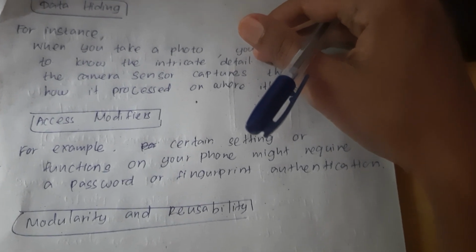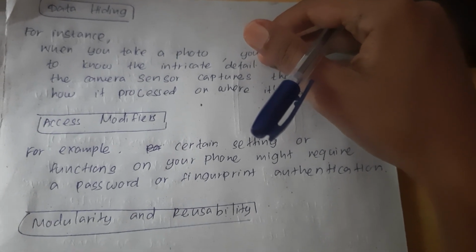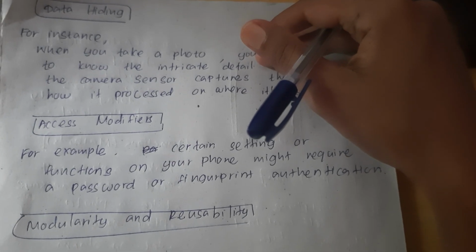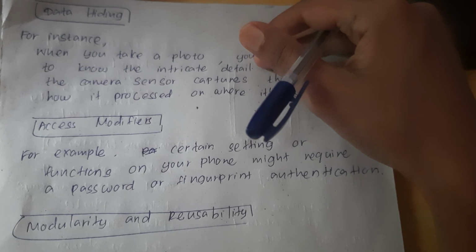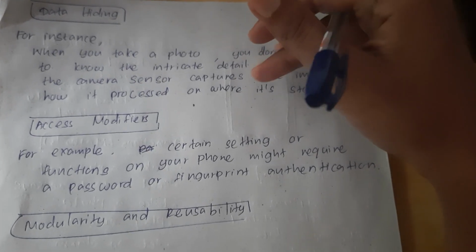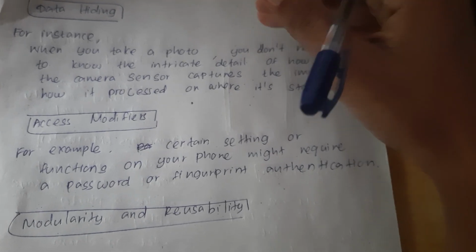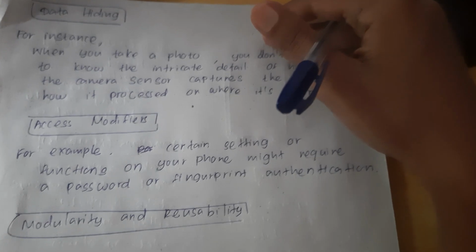That information is hidden from you, and you only need to interact with the take a photo method provided by the phone. The phone handles the internal process, ensuring that your photo or your data is secure and properly managed.